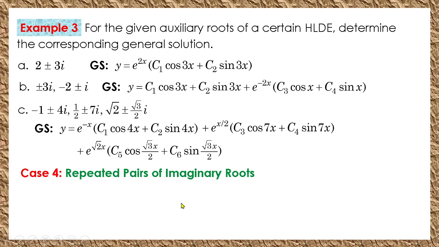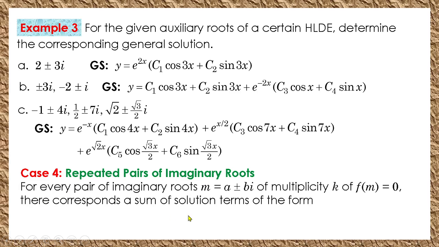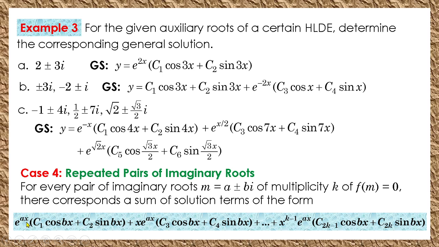So, pag ganun ang case, ito naman yung rule. For every pair of imaginary roots, m equals a plus or minus bi, of multiplicity k of f of m equal to 0, meaning repeated k times, there corresponds a sum of solution terms of the form: e to the ax, c sub 1 cosine bx plus c sub 2 sine bx.